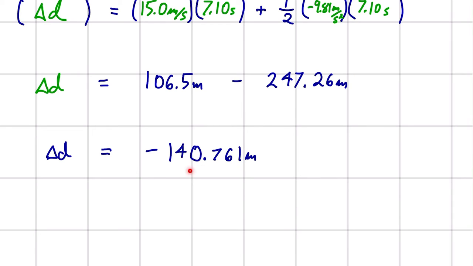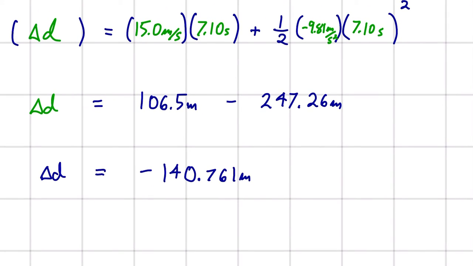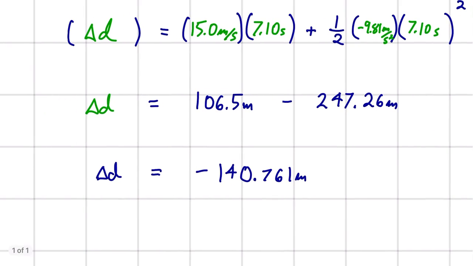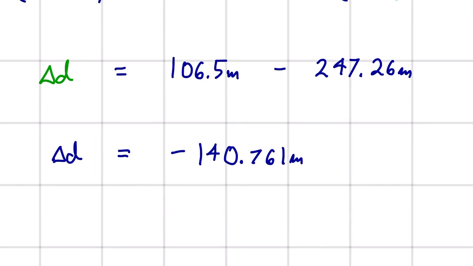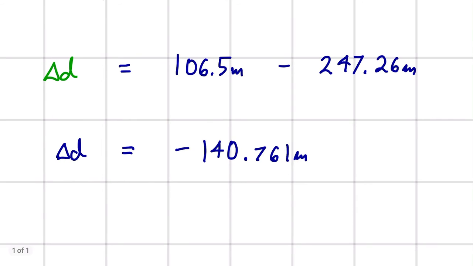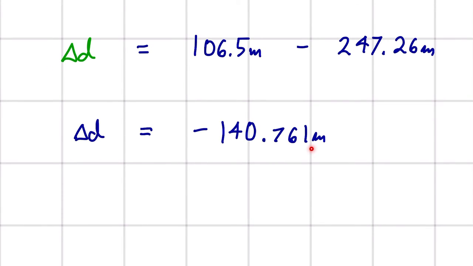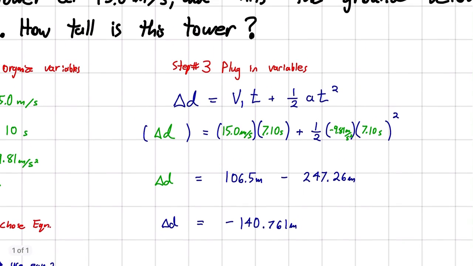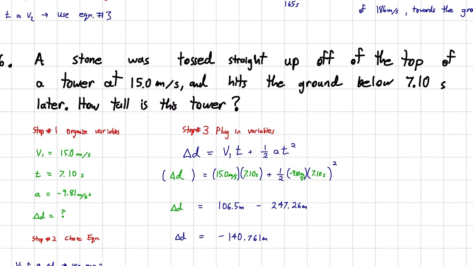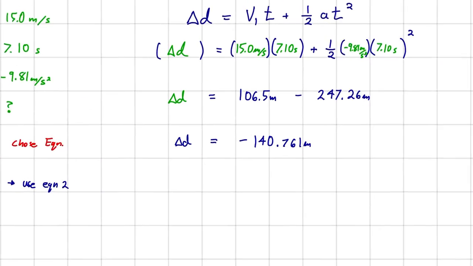And I was carrying over some extra decimals from before, because I stored these values in my calculator, so it's just little rounding differences. But you'll see in our final answer, we're not going to care about all these decimals, because all the values in the question are given with 3 significant digits.